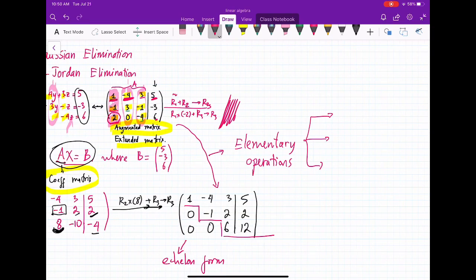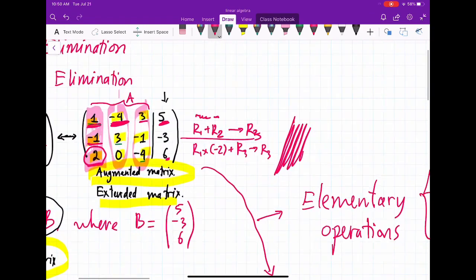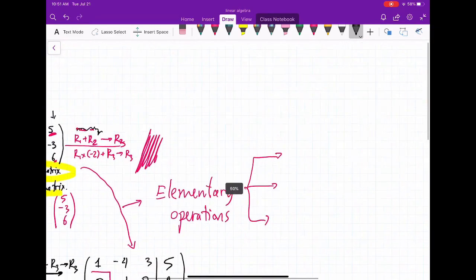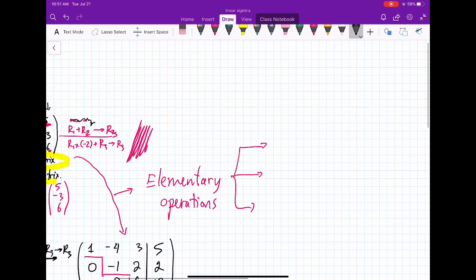You add one row to another row, right? So you don't change anything. I can list all of them, okay? So I add a multiple of a row to another.